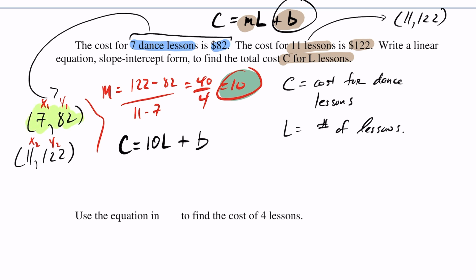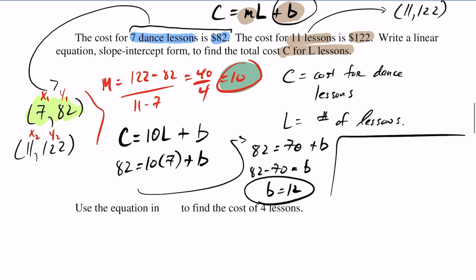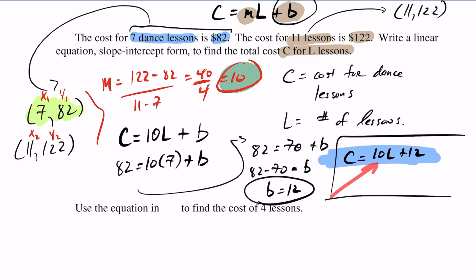I can sub in my cost of $82 for 7 dance lessons, and unravel this to find my B value, which we already know is 12. But sometimes the math isn't quite as straightforward, and numbers aren't as clean. At any rate, your B value or your initial value is 12. Putting this all together, the equation is C equals 10L plus 12 to represent the cost of these dance lessons. You're paying $10 per dance lesson and a base fee of $12 no matter what.